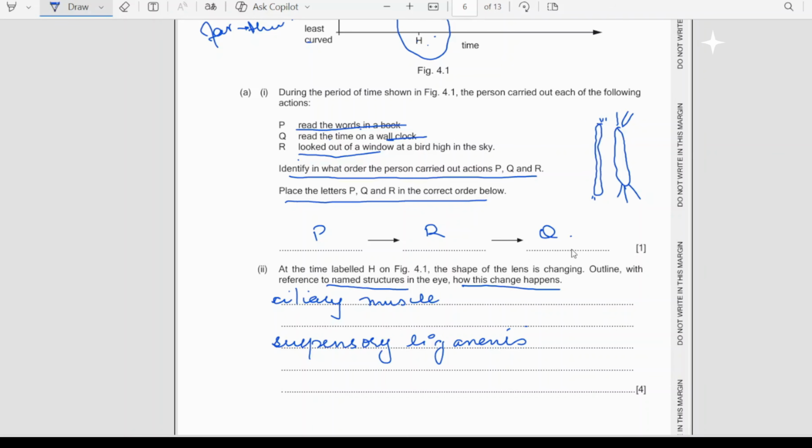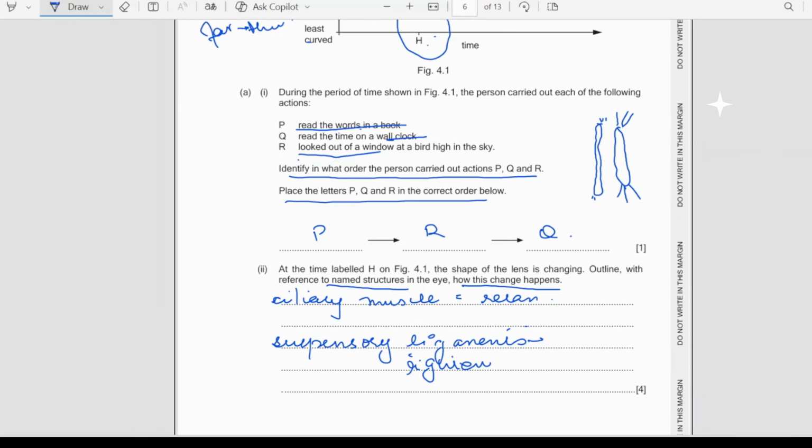It would become longer and thinner because the suspensory ligaments are contracting. So the suspensory ligaments would get shortened or tightened. These are two opposites. If these are tightened, then these will relax.